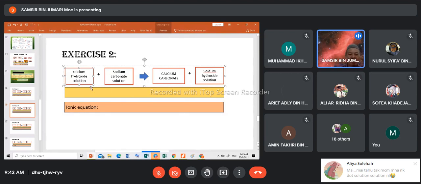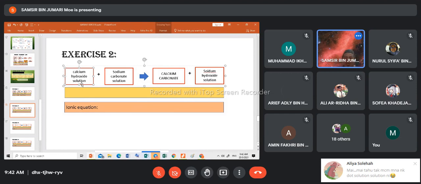So calcium chloride solution or calcium nitrate solution can be used to react with the sodium carbonate solution to form calcium carbonate and the other one solution. Macam tu, faham? Yang ini hydroxide ni kalau boleh jangan gunakan.